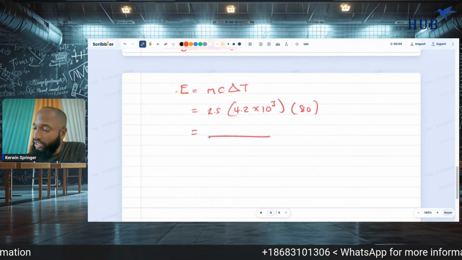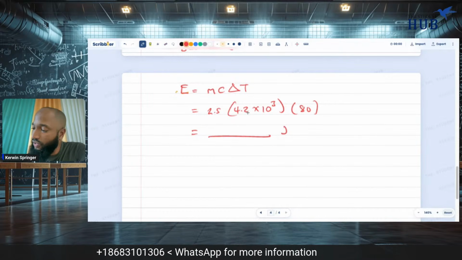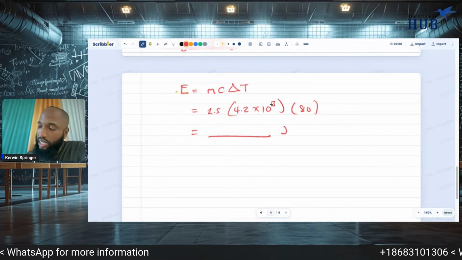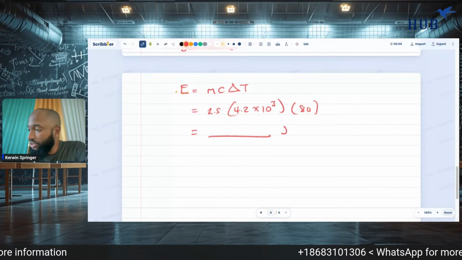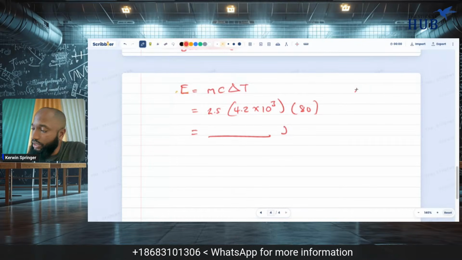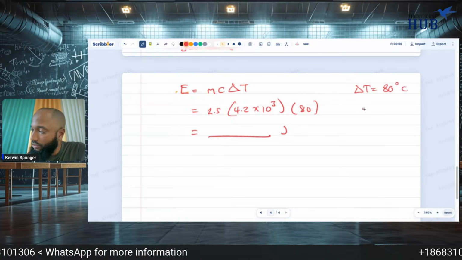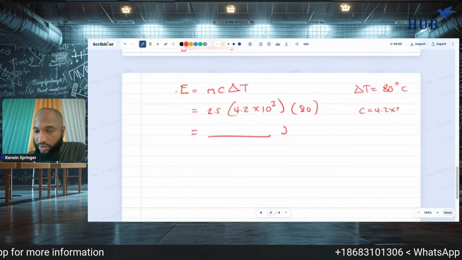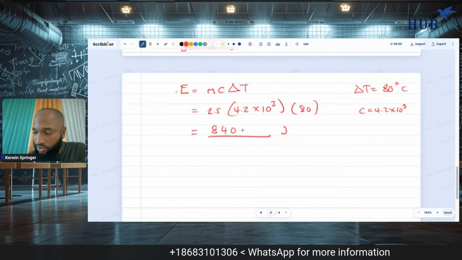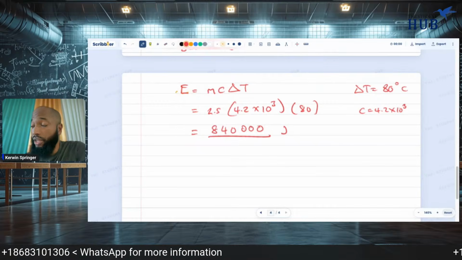So what's the number you're getting here? 2.5 by the specific heat capacity, 4.2 times 10 to the power of 3, and then your temperature change, 80, because it went from 0 to 80. So Malik is saying 840000. Is that correct?